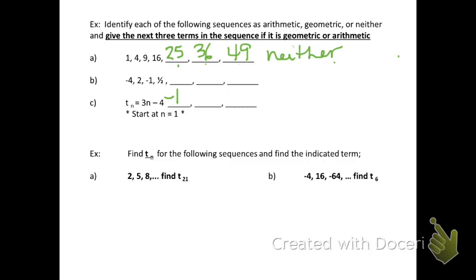If n equals 2, then we have 6 minus 4, which is 2. And if n equals 3, sorry, it's 9 minus 4, which is 5. And when we look at this, you can see that we're going up by an even number, which is 3, so this is arithmetic.